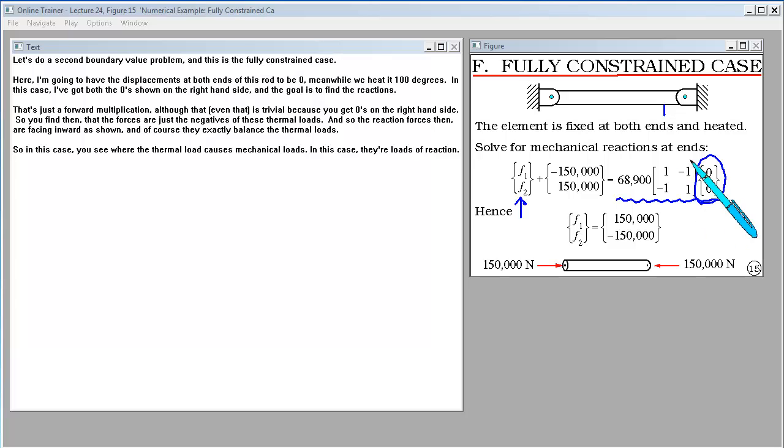So you find then that the forces are just the negatives of these thermal loads. And so the reaction forces then are facing inward as shown, and of course they exactly balance the thermal loads. So in this case you see where the thermal load causes mechanical loads. In this case they're loads of reaction.